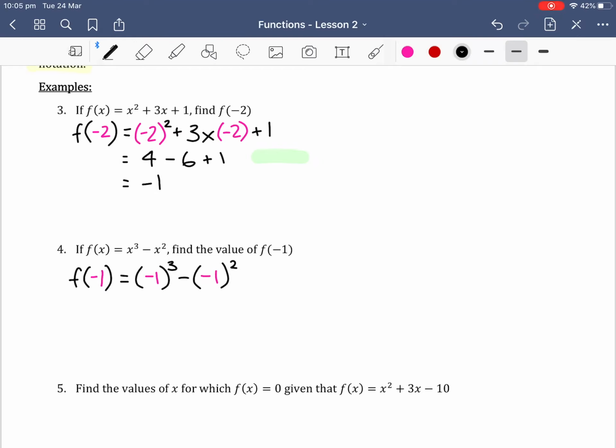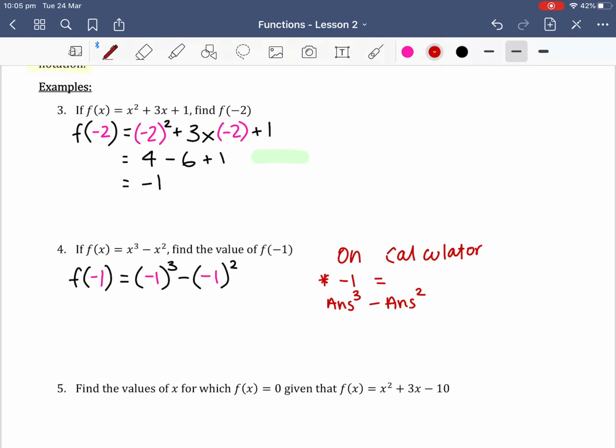negative 1 squared. A little tip if we're doing this straight on the calculator: type in negative 1 and hit equals. Now you have this stored on your Casio calculator as the answer. So if you were doing this on your calculator, you go negative 1 equals as our first step, and then you go answer to the power of 3 minus answer squared.